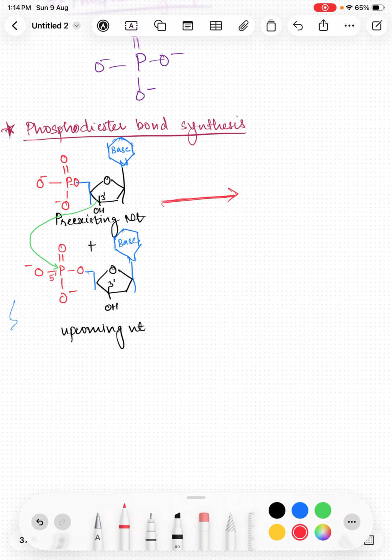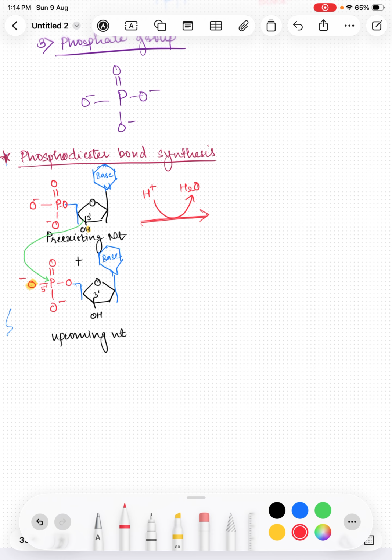now during this reaction what will happen, the hydrogen atom will be taken up from upcoming environment. During bond formation this hydrogen will be lost, and again this oxygen will be lost, and there will be synthesis of H2O.